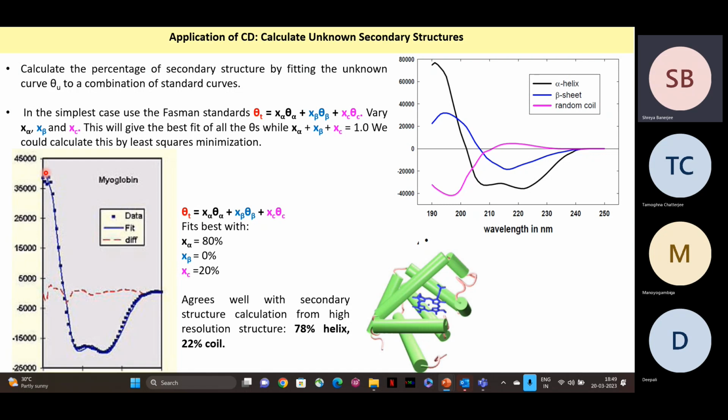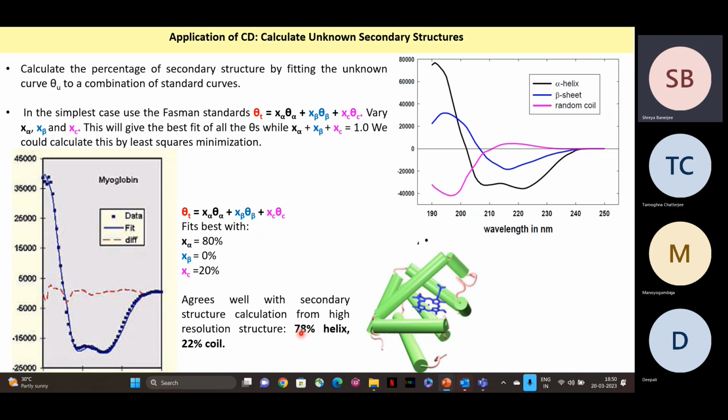Suppose from X-ray crystallography or NMR, we know that myoglobin has 78% alpha helix and 22% coil. If you look at this structure of myoglobin, all these green cylindrical portions are alpha helix and these pink portions are random coils. And it comes to 78% helix and 22% coil, which is obtained from X-ray crystallography.